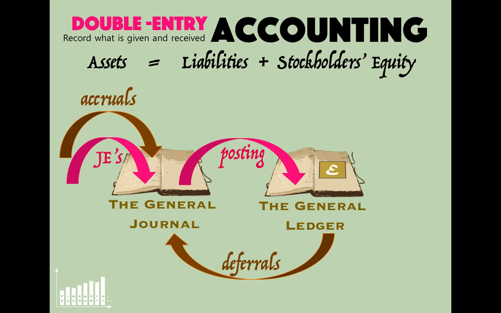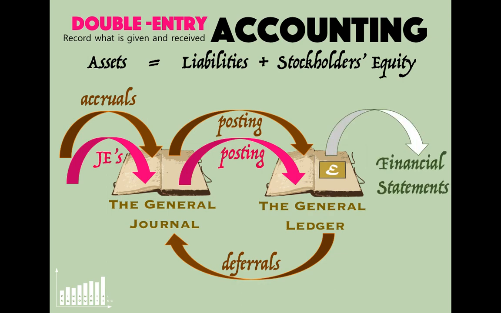So we make our regular journal entries, we post them into the ledger, and then at the end of the period, we need to make deferrals and accruals so that we can post those into the general ledger, and from there, with up-to-date and accurate numbers, we can make financial statements.